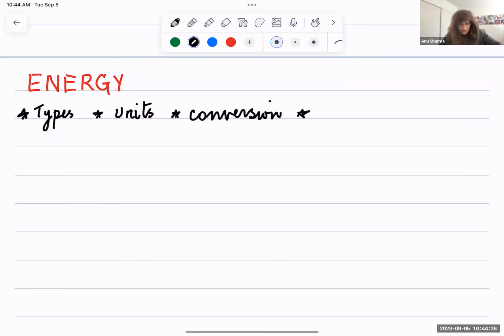Next we are looking at energy and nutrition. How do you define energy in terms of nutrition? This is for those people who are going to become dietitians.